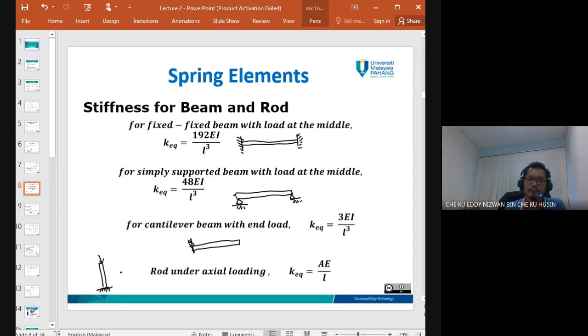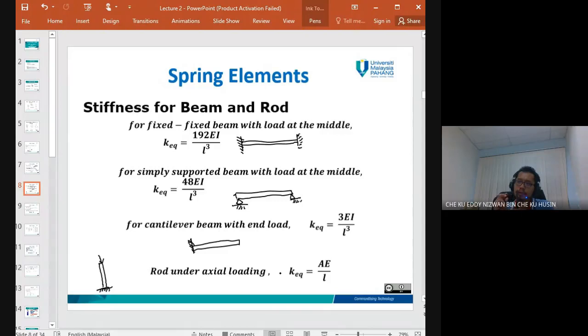If you have a mass on top of this beam and you want to consider the vertical, meaning that the force is applied in the axial direction, you can use this equation.